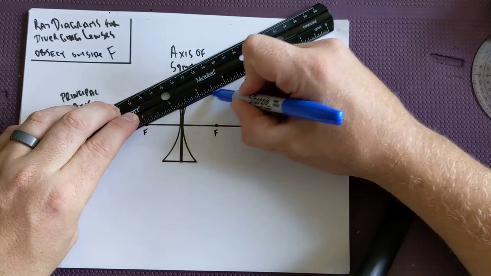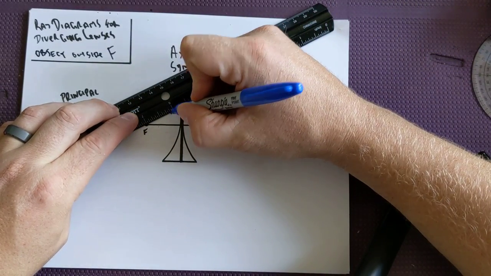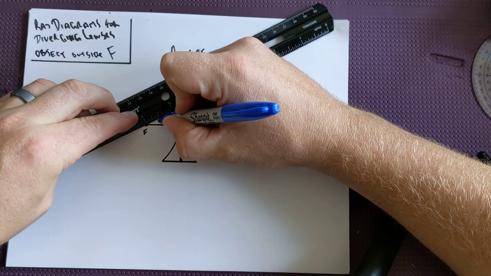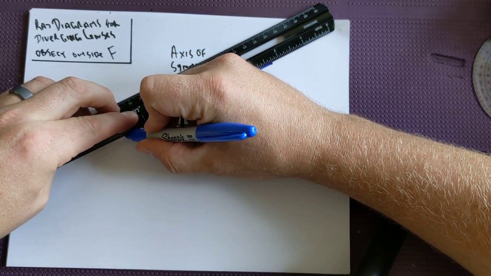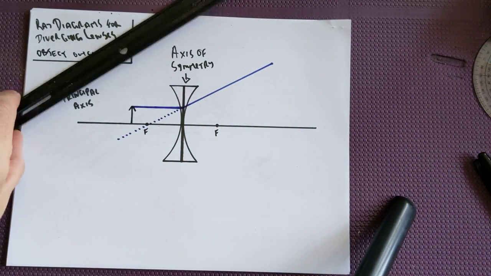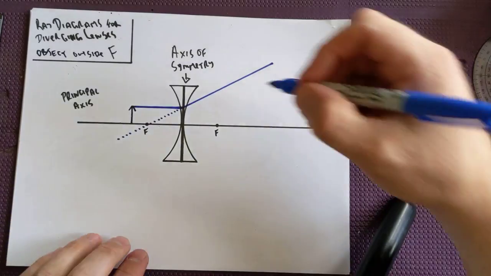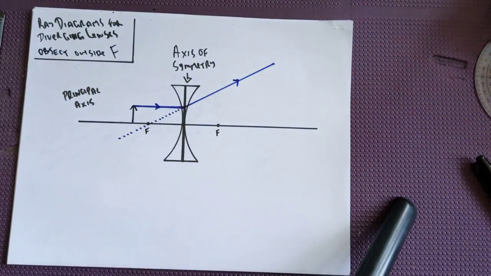Okay, so the light goes this way, but we'll draw some imaginary lines backwards. Okay, so the light leaves the top of the object and then hits the axis of symmetry, changes direction.